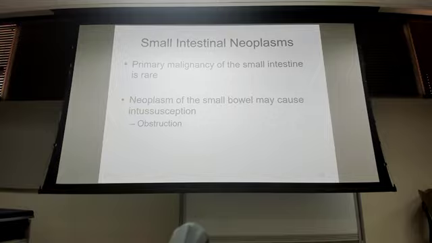And what else can it cause that we talked about yesterday? Upper and lower GI bleeds. Right? So if you have a neoplasm, it can be a sign of a small intestine GI bleed. And weight loss. We talked about weight loss being one of our alarm symptoms, alarm signs for cancer.